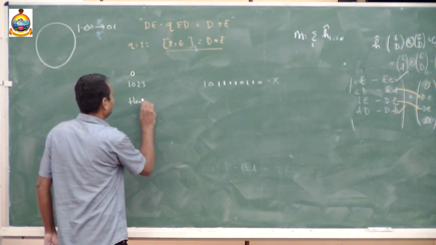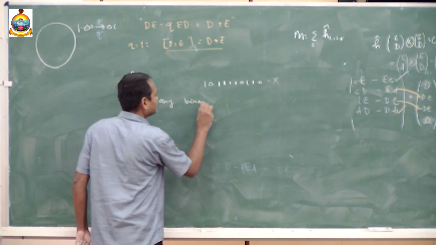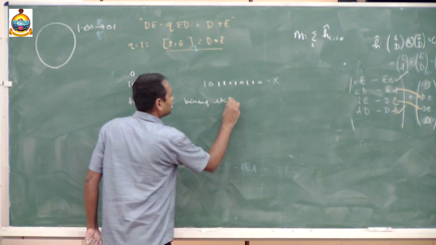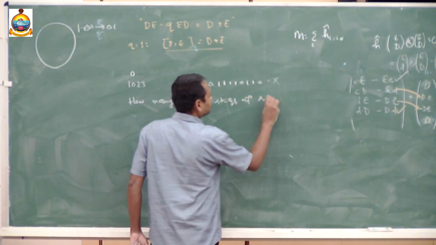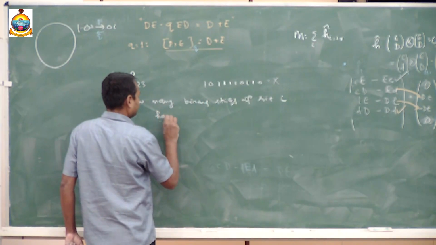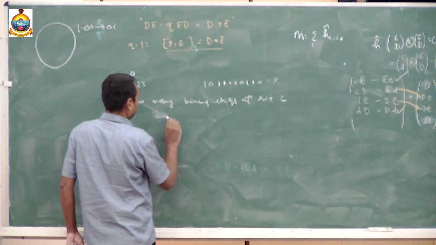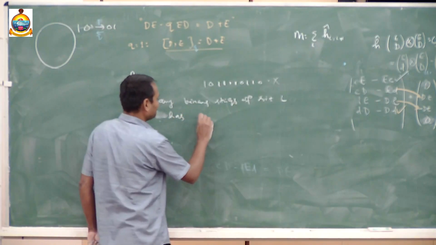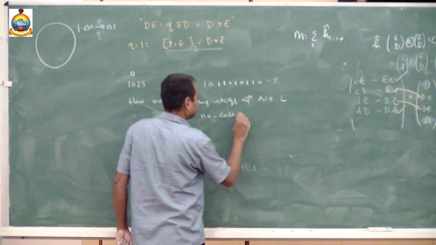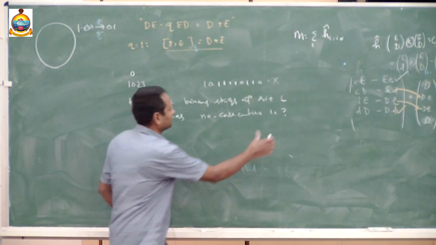Let me ask: how many binary strings of size L have no consecutive ones anywhere?